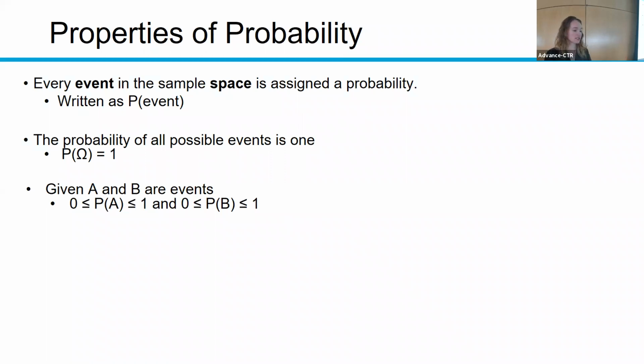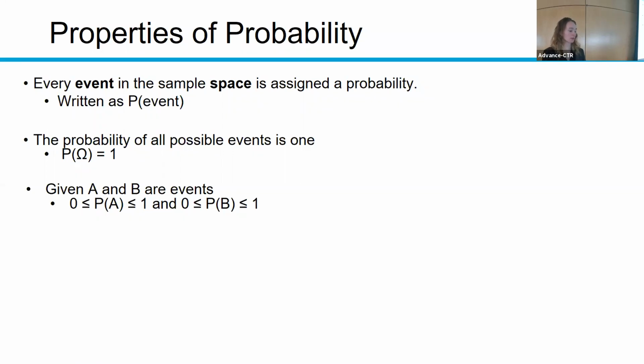Some general properties of probability. Every event in your sample space is assigned a probability. Sometimes they're not equally likely. In the coin toss and dice rolling, each of those events has an equal probability, half and half for heads or tails, and 1/6 for each of the die rolls. But sometimes we get unequal probabilities.